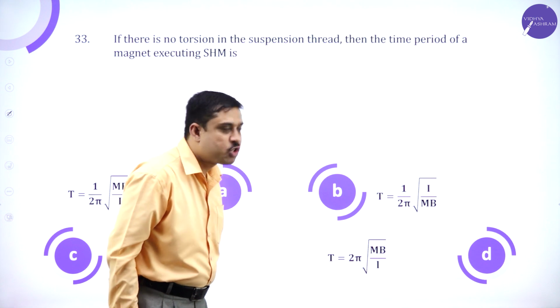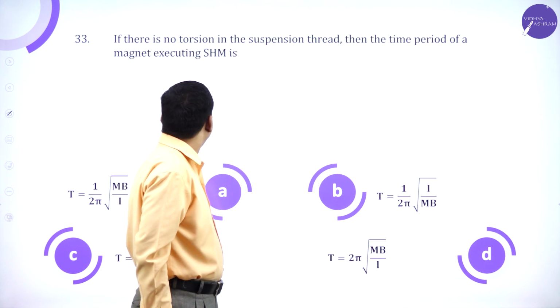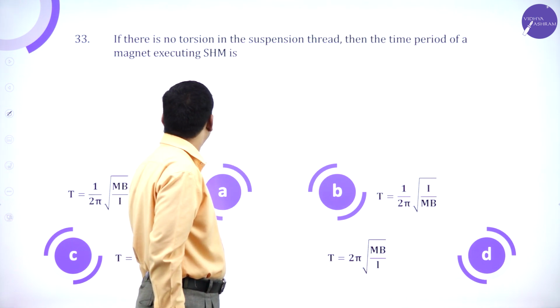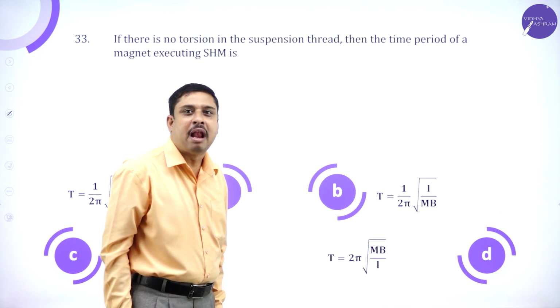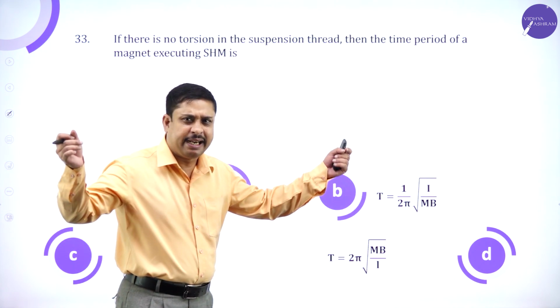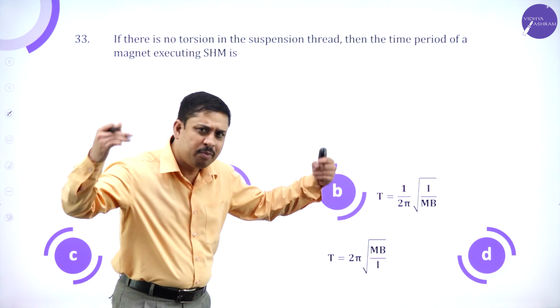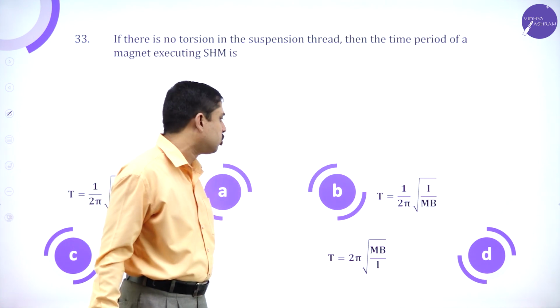If there is no torsion in the suspension thread, time period of a magnet executing simple harmonic motion. In all my previous discussions I have used this.